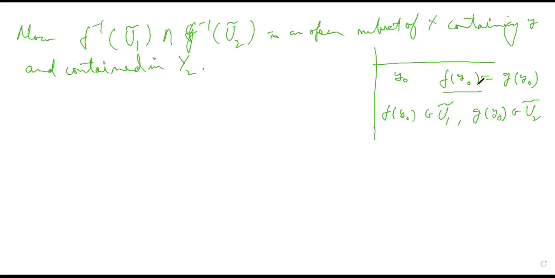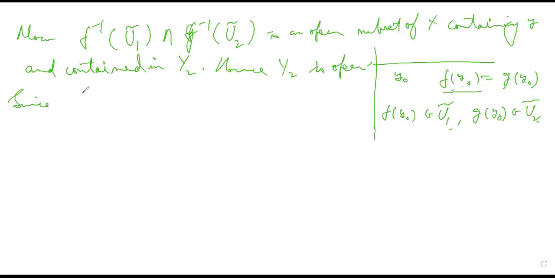But if f y naught equals g y naught, then u1 tilde and u2 tilde will not be disjoint, but they are actually disjoint open sets. So this has to be a subset of y2. Hence y2 is open, because every point of y2 is an interior point.